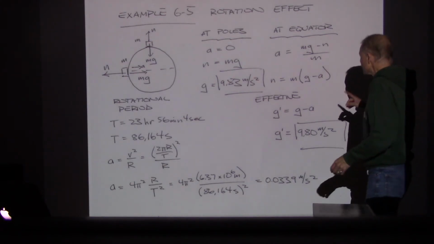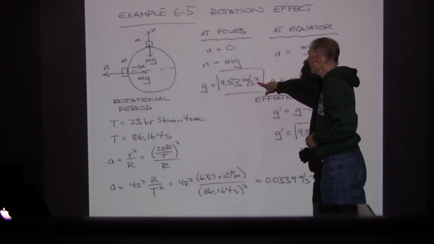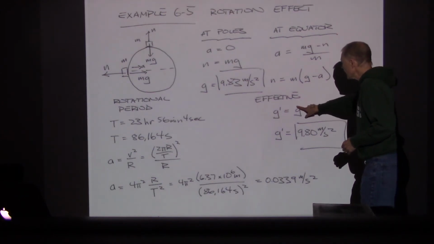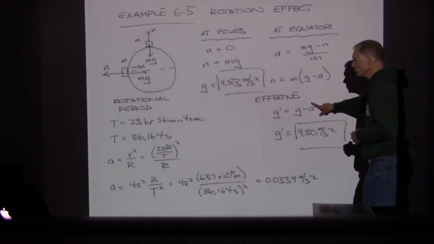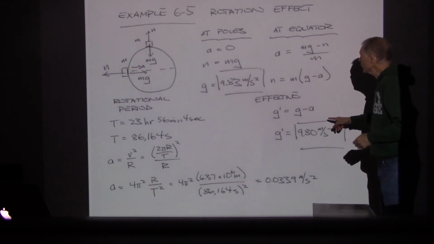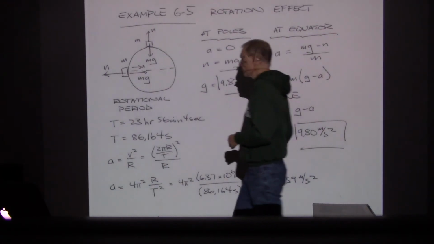And so what you'll notice here is that gravitationally, the gravitational field is 9.83, but what we are measuring is that gravitational effect minus this much of an acceleration. Let's go back to the equator and show this, because we got the formula set up here.